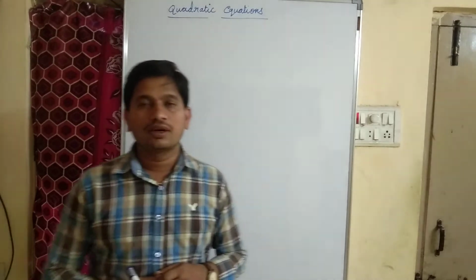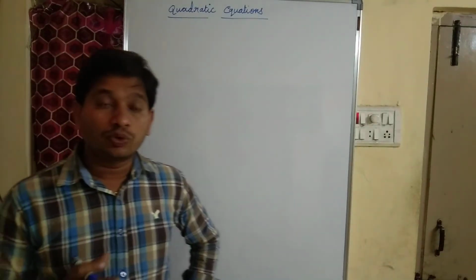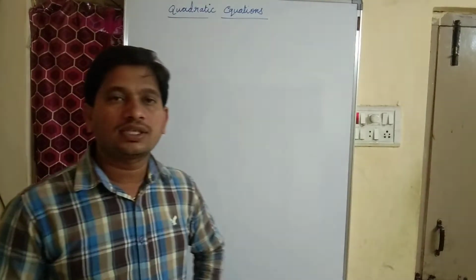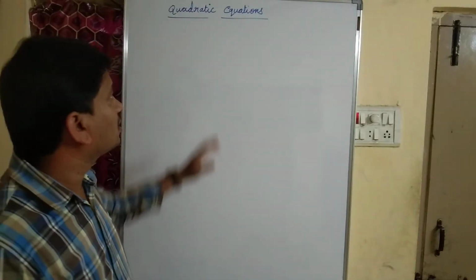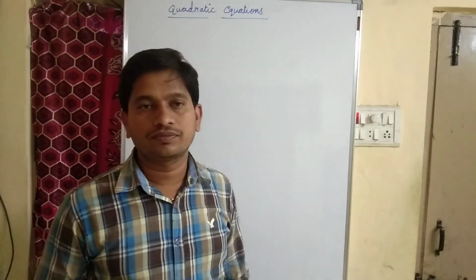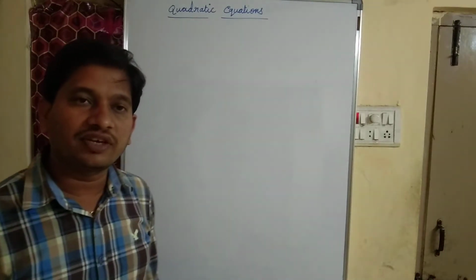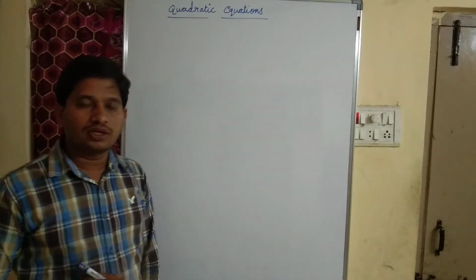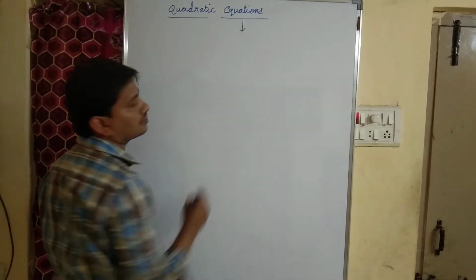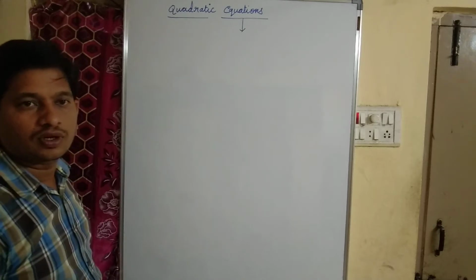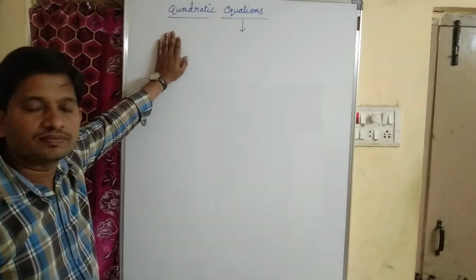Myself Naveen, I am the Maths Mentor, and in today's session let us discuss chapter number 5, that is quadratic equations. Quadratic equations. You know children, what do you mean by an equation? What do you mean by an equation?